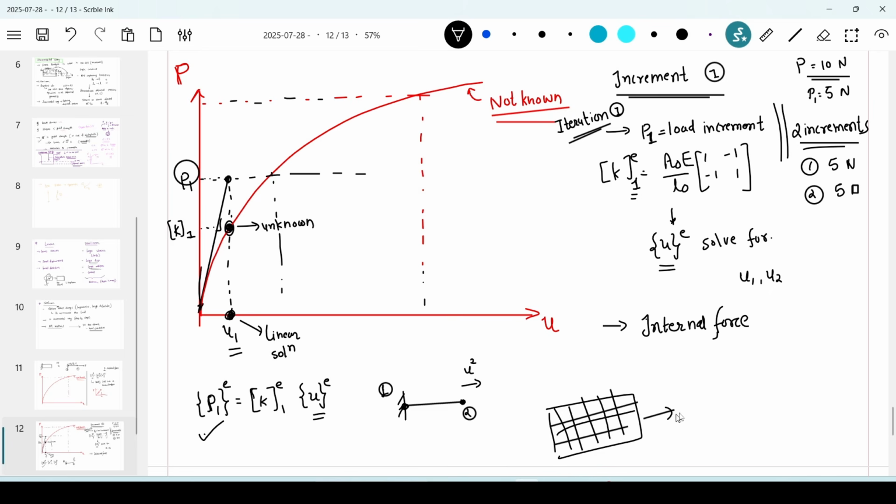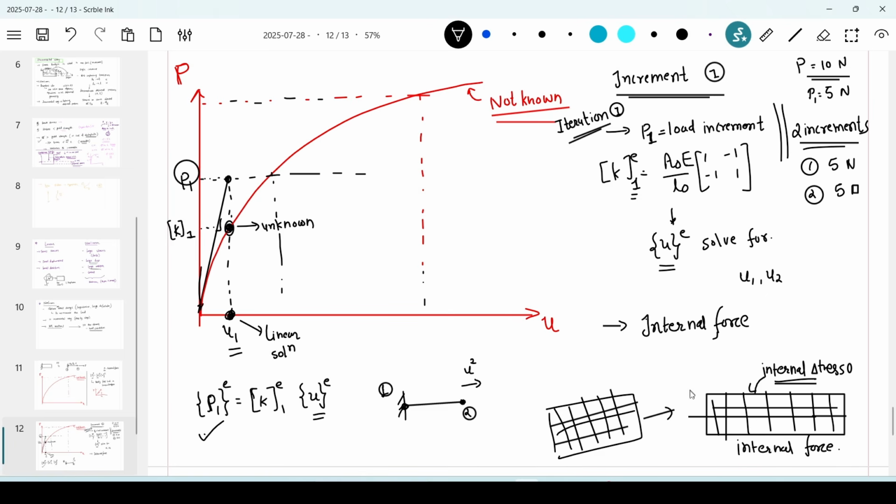When we apply force, it will undergo some displacement. So there are some stresses and strains here. These stresses are called internal stresses, you know that. These internal stresses will generate the internal forces.